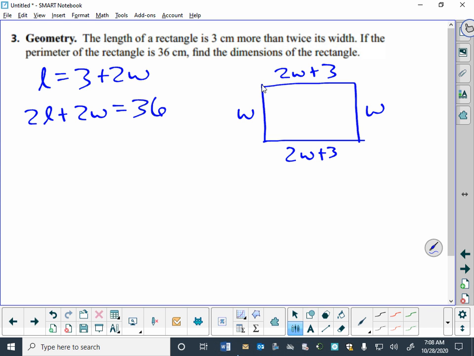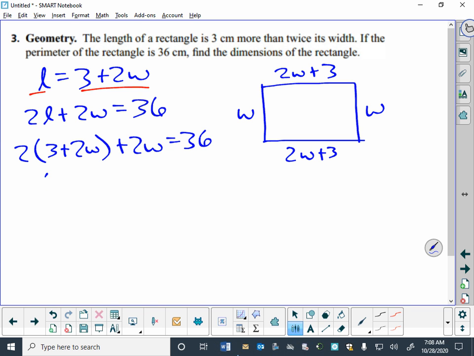It already says L equals, so it's set up for a substitution. So we could do 2 times the other name for L, which is 3 plus 2W, because the first equation there says that L is the same thing as 3 plus 2W, plus another 2W is equal to 36.